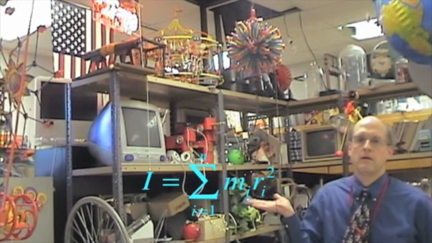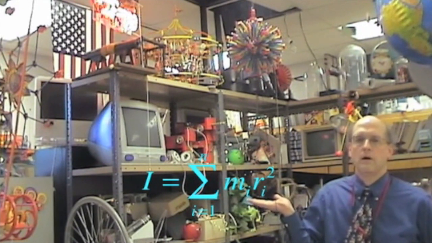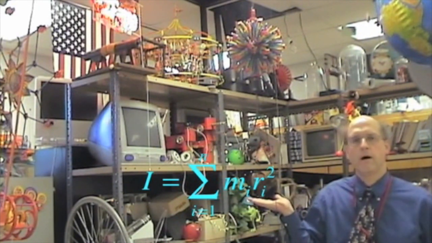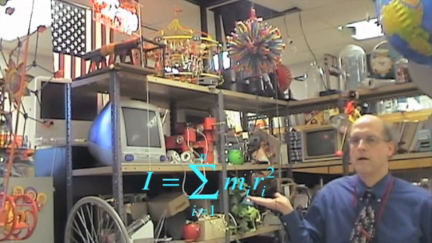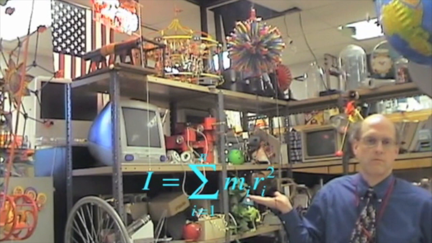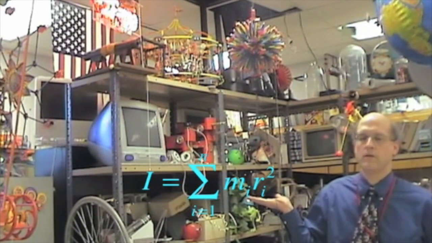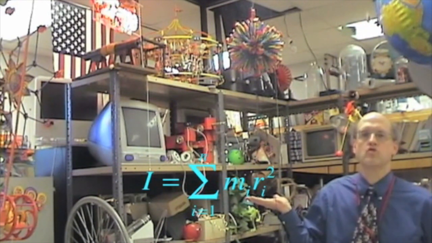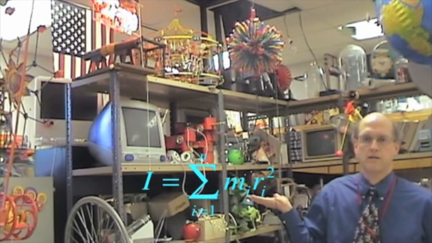Sigma, summation of all the masses that make up the body multiplied by the distance that those masses are perpendicularly to the axis of rotation, and you must square that distance. So we have I is equal to sigma m_i r_i squared, from i equals 1 to n.